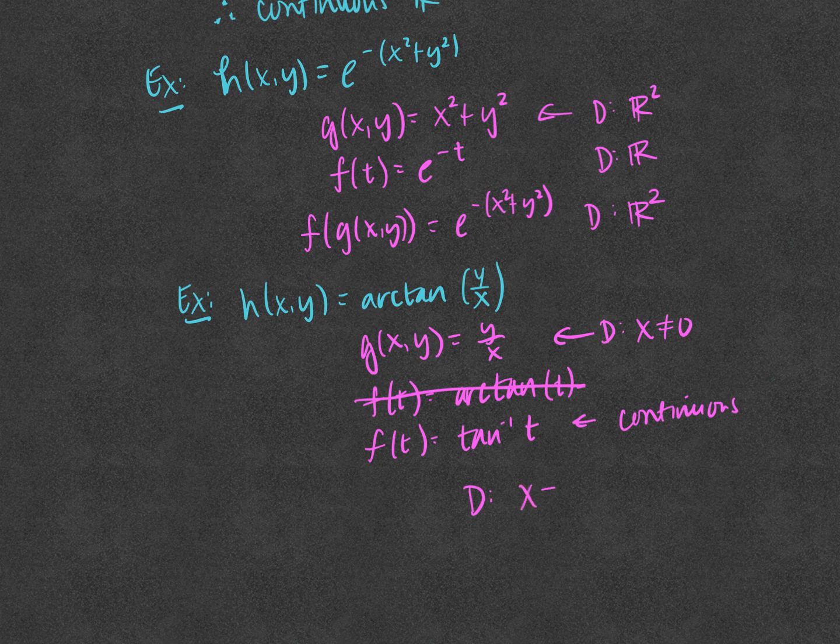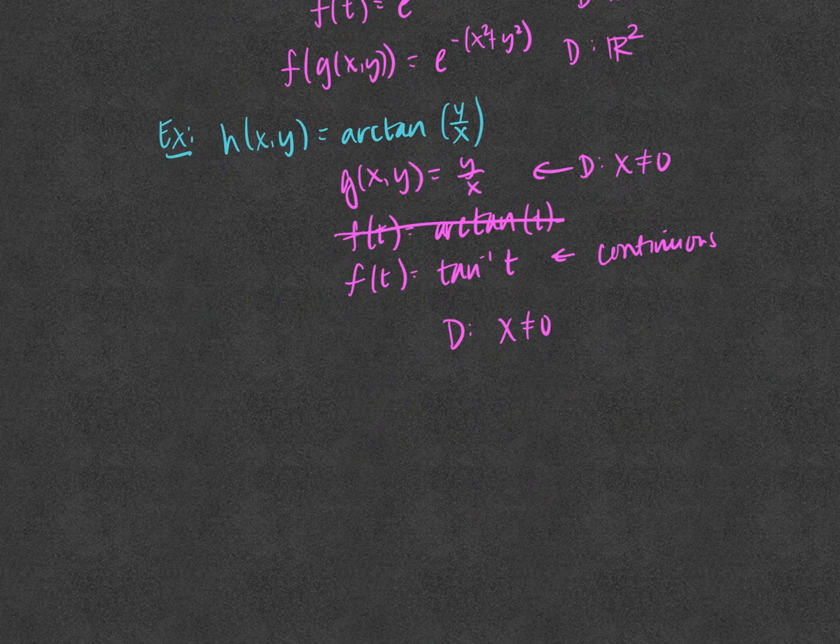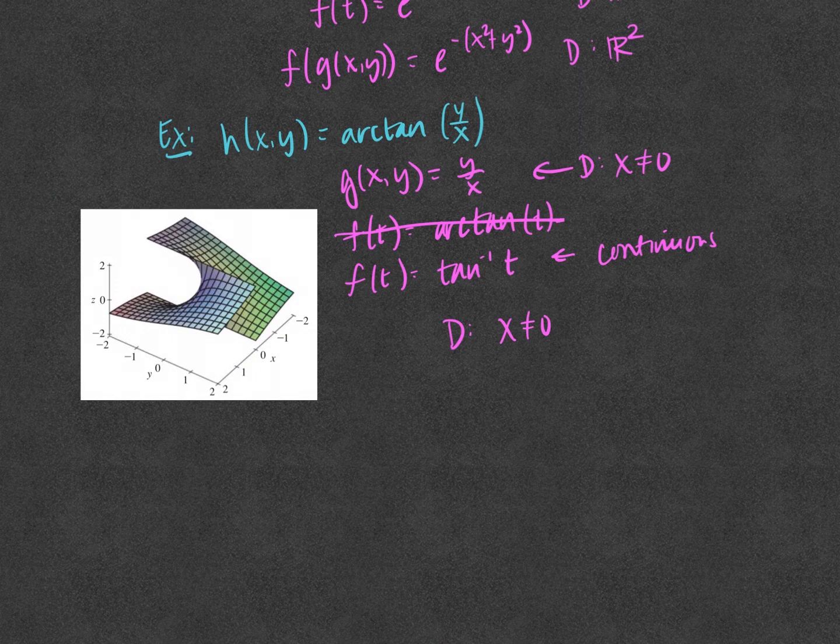So we just say x cannot equal 0 for our domain. And we can see this in the graph. The graph in this figure shows the break in the graph of h above the y-axis. So you can see that we don't have x equal to 0.